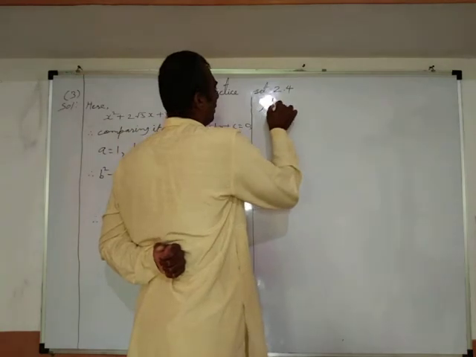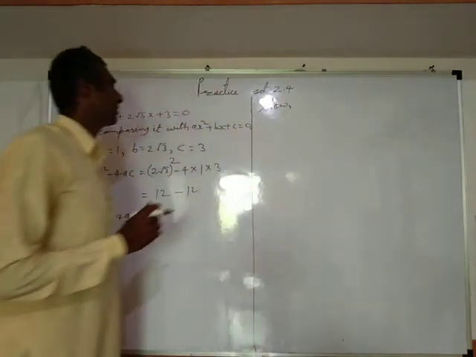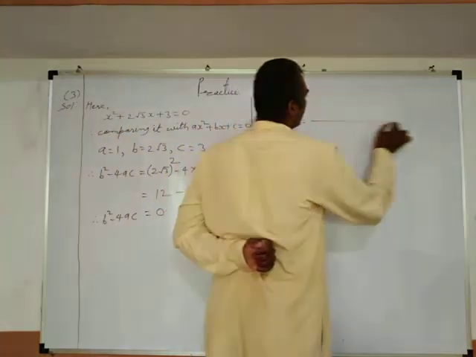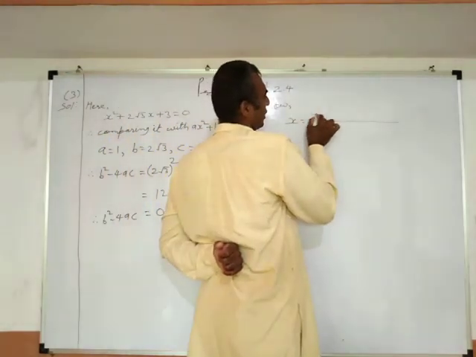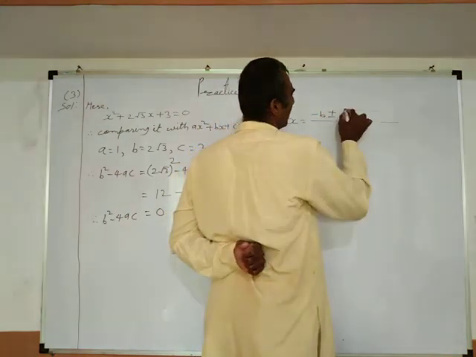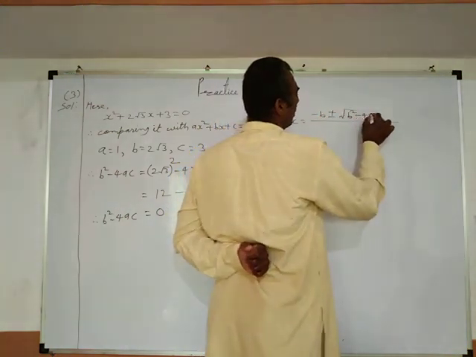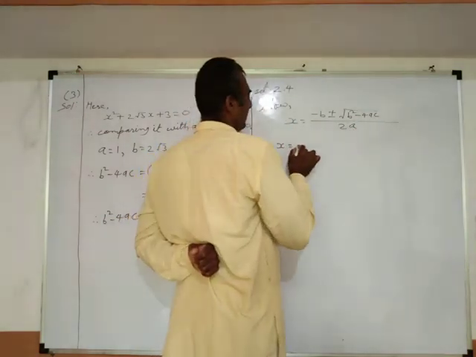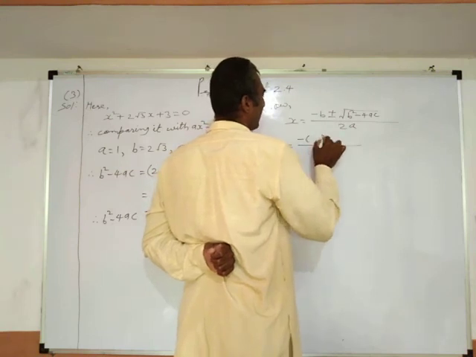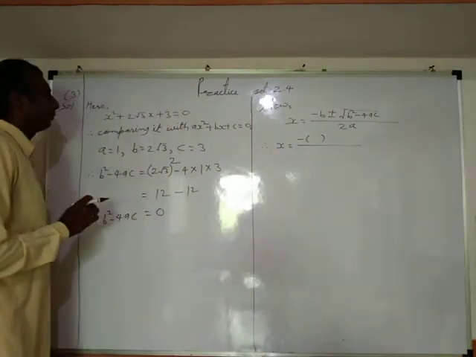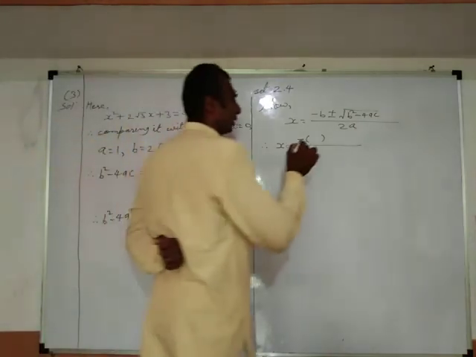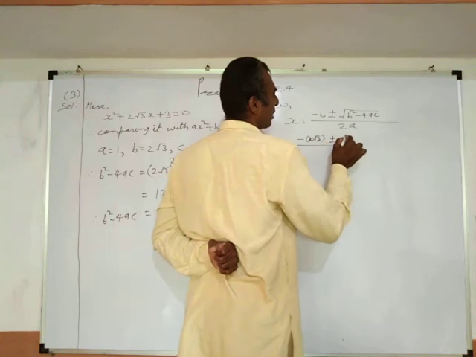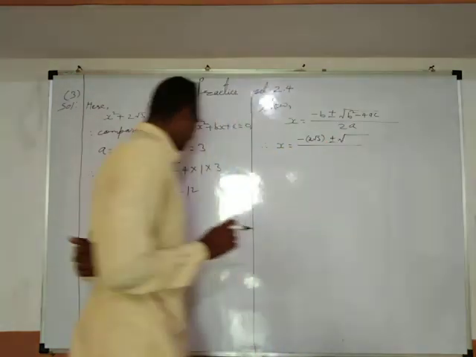Now, as variable in this equation is x, by formula, x equals minus b plus or minus under root b square minus 4ac upon 2a, and therefore x equals minus, in bracket, value of b. Value of b is 2 root 3, plus or minus under root b square minus 4ac.